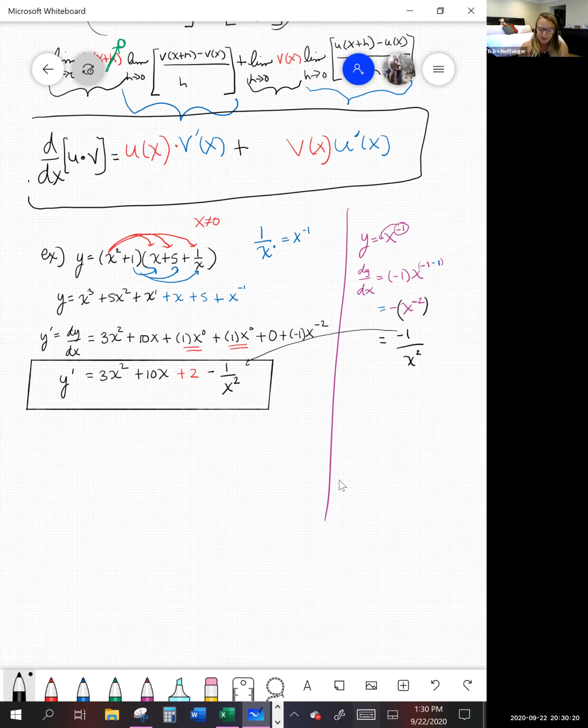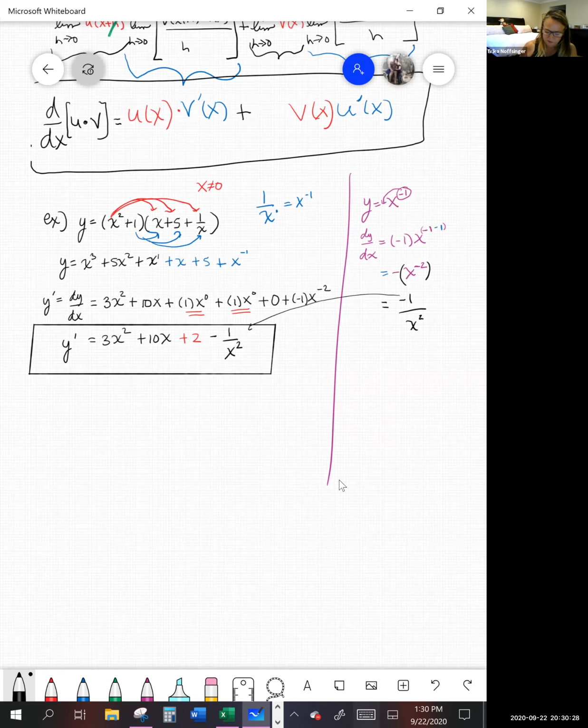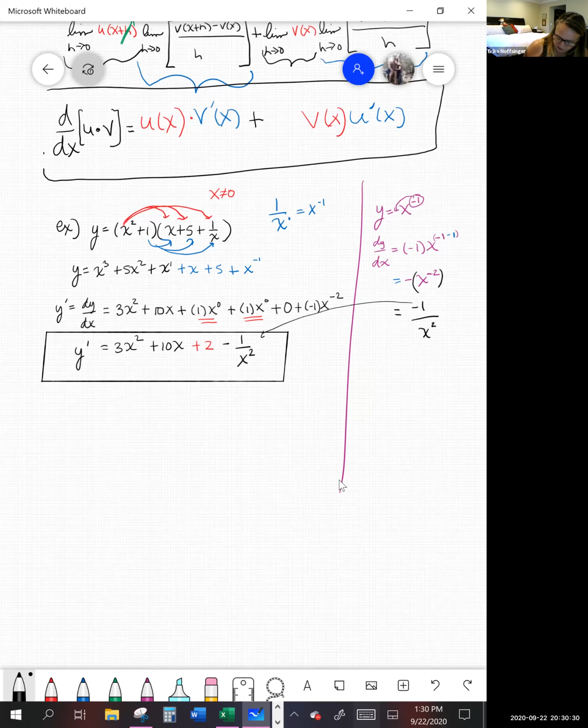Okay, so that was one way to approach it. The other way to approach it was we could have just used this rule. So let me rewrite this equation out. We had y is equal to x squared plus 1, all times x plus 5 plus 1 over x.